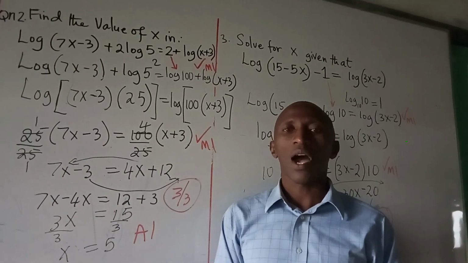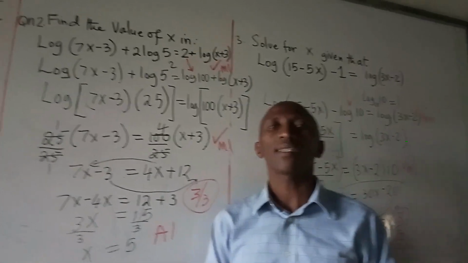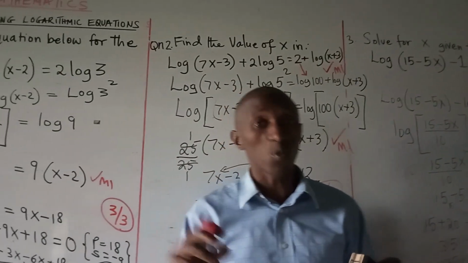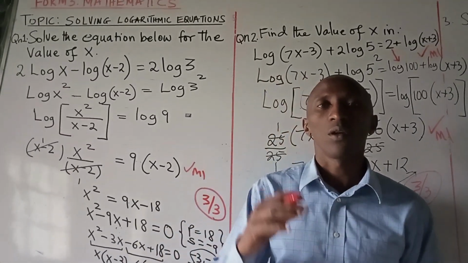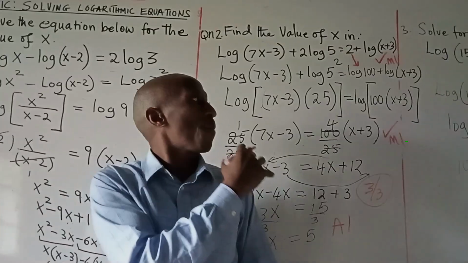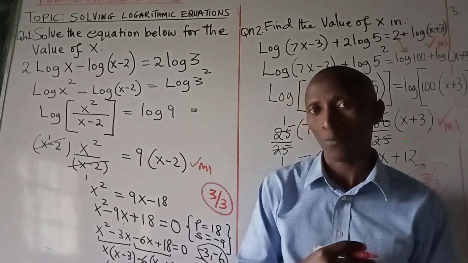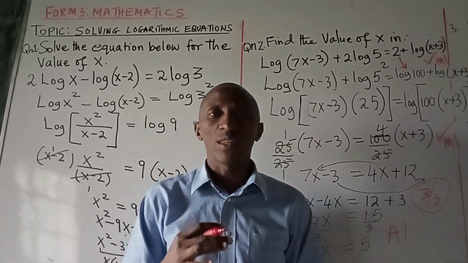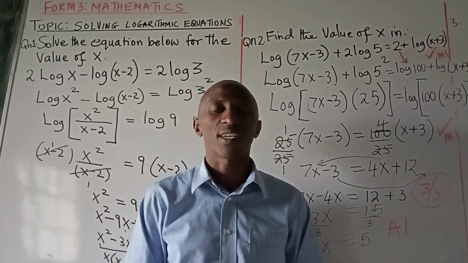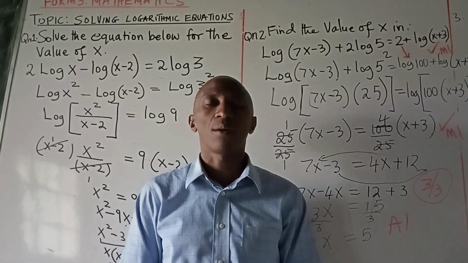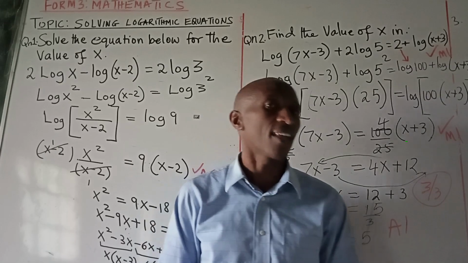You will work them out such that first you pause on the video, so that as you work the 2 questions out, you'll be able to tell how well you are able to master the operations on solving logarithmic equations. I will write them down. You'll pause on the video and then work it out. Then later on, play on the video, and you'll be able to see how we arrive at the answers.